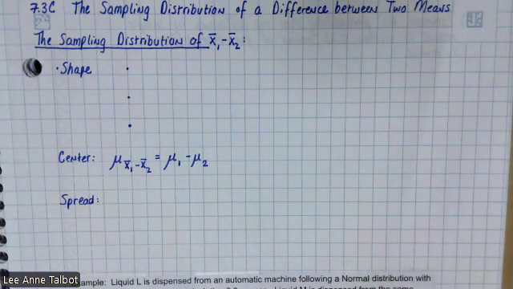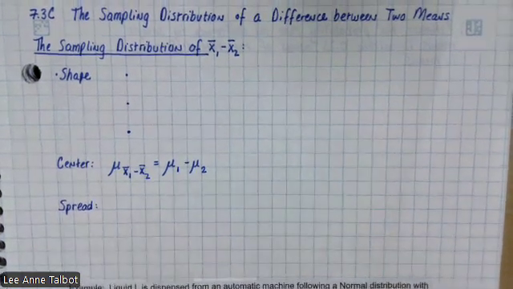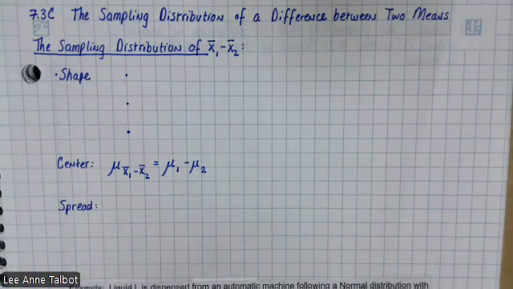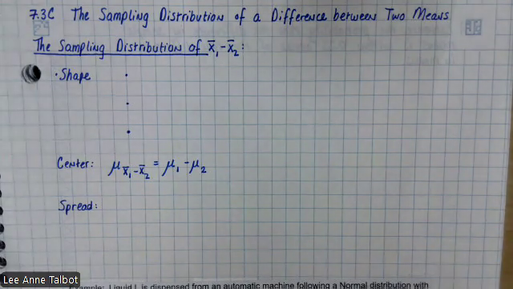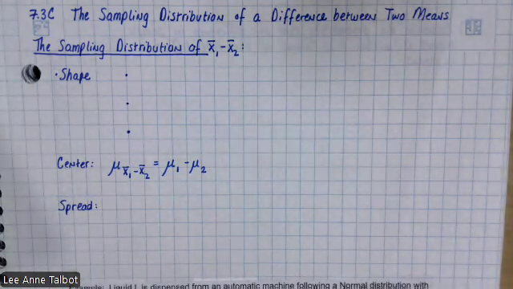Okay, however, what do we know about a condition for standard deviation for all of these? All of chapter 7 has the same condition for standard deviation. 10%.